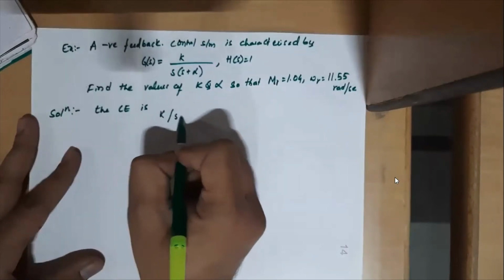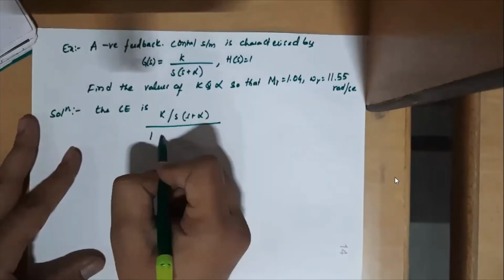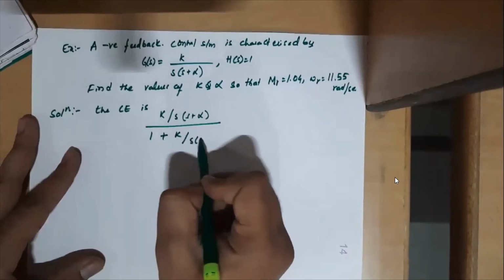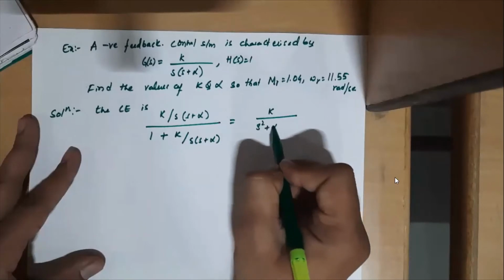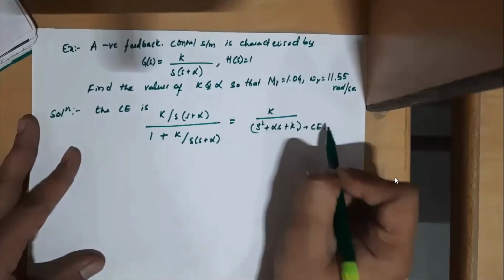The characteristic equation is given by g of s divided by 1 plus g of s h of s. So we get s square plus alpha s plus k as the characteristic equation.